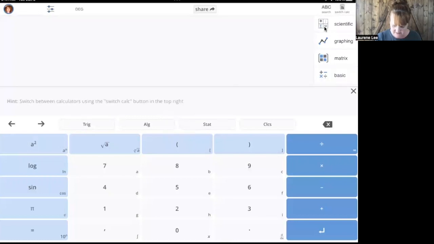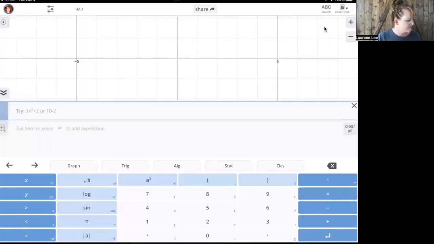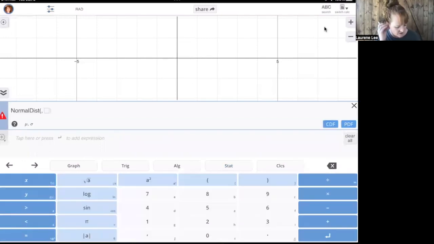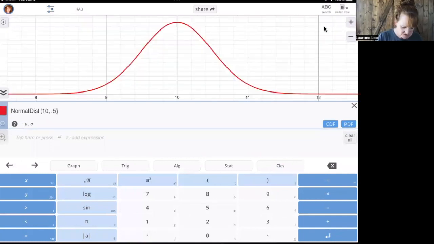On your TI, you're going second, distribution, and for the inverse CDF on this one, I'm going to go stat, distribution plot. I'm going to do a normal distribution. My mean is 10. My standard deviation is 0.5. Okay, you can look at that picture. That's that guy. And then I want a CDF.